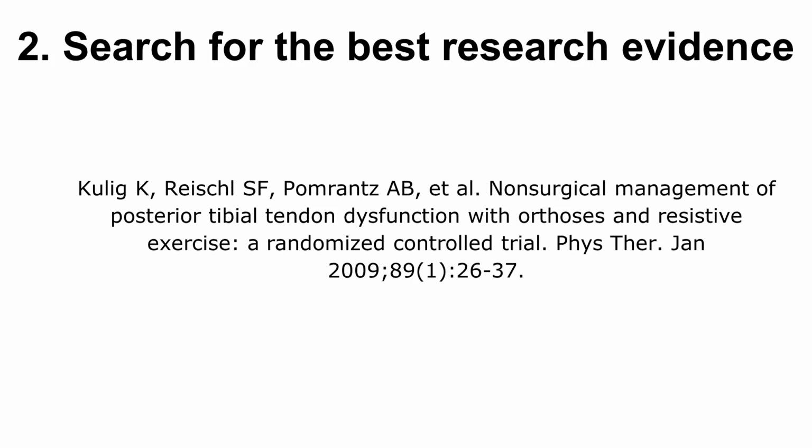This article is an article that I'm asking you to have read by next class period, and the name of the article is Non-Surgical Management of Posterior Tendon Dysfunction with Orthosis and Resistive Exercise, a randomized control trial. Again, just go ahead and read the article for the next class period. We're going to work on appraising this particular article during the class period.